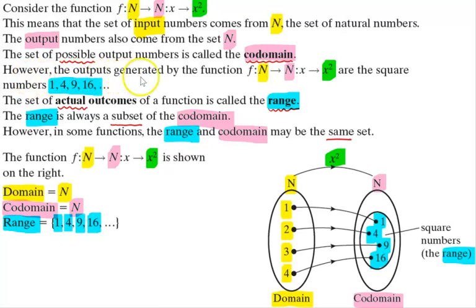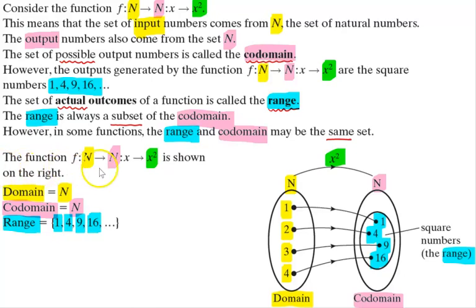However, the outputs generated by this function are the square numbers 1, 4, 9, 16, and so on. The set of actual outcomes of a function is called the range. The range is always a subset of the codomain, so a smaller set within the codomain. However, in some functions, the range and the codomain may be the same set. They may be just the exact same.